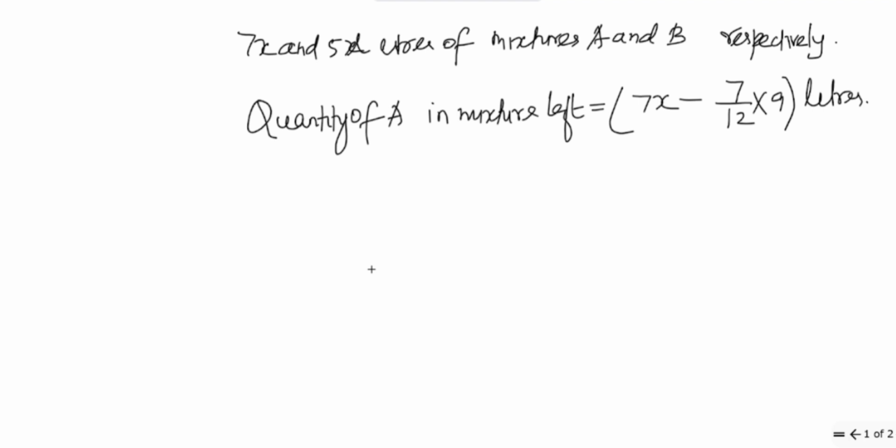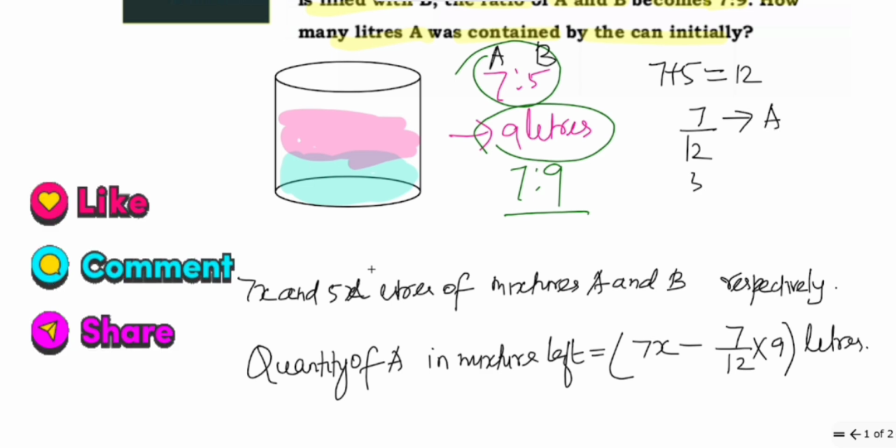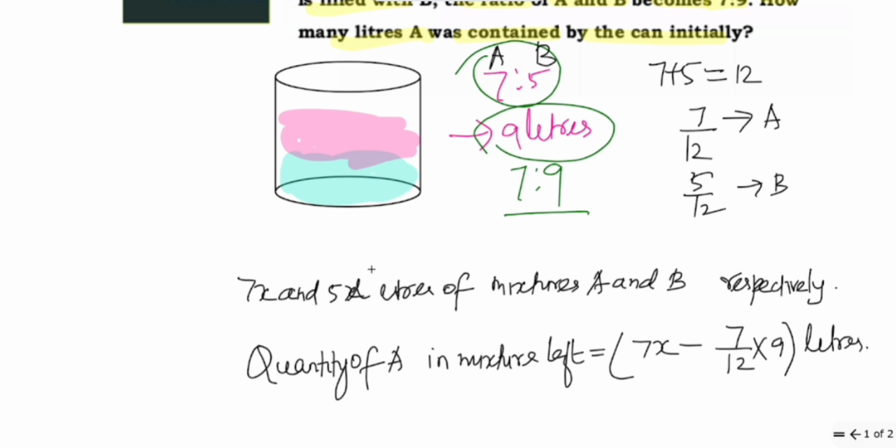Why? Because in the question they have given us the ratio 7:5. So 7 denotes our A, 5 denotes our B, and 7 plus 5 gives the total. So 7 out of 12 is for the liquid A and 5 out of 12 is for the liquid B. Because in that 9 liters, both the liquids are combined together, we need to consider both the liquids here.